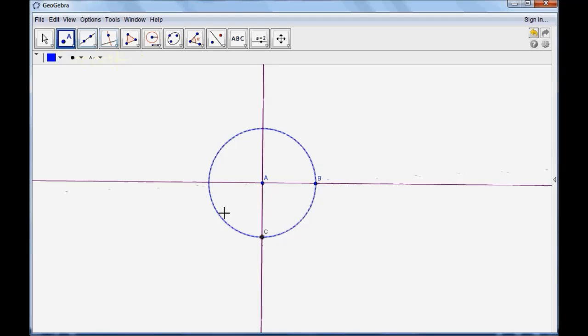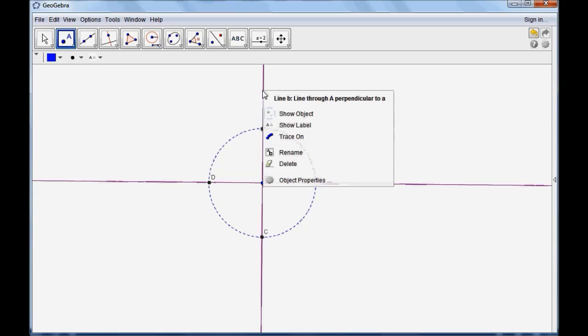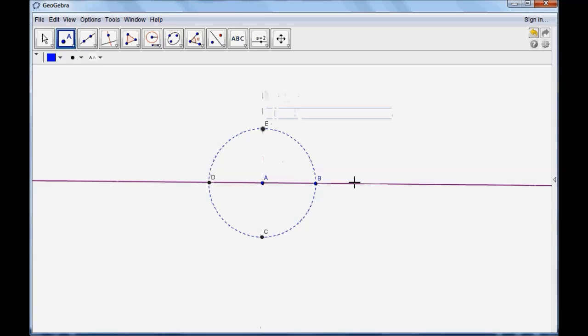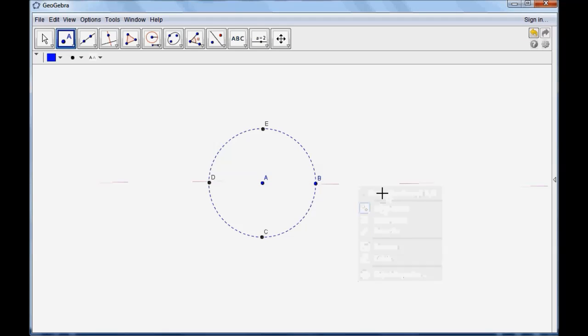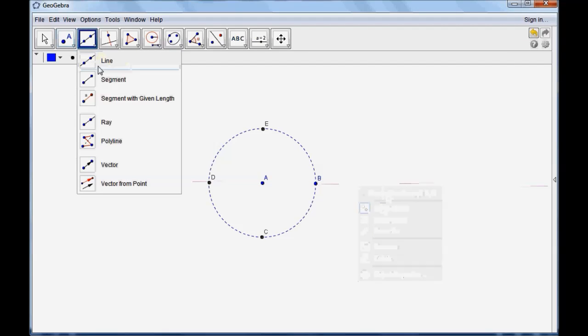What we're going to do next is come around this circle and plot four points clockwise, and then I'm going to hide both of the lines and draw four rays.